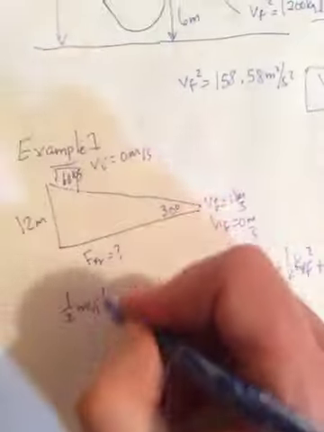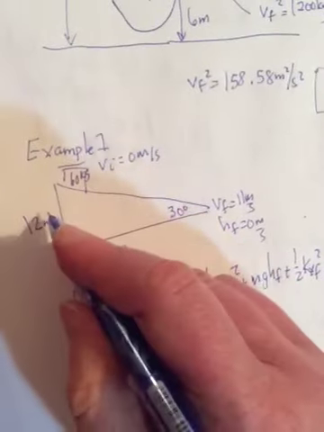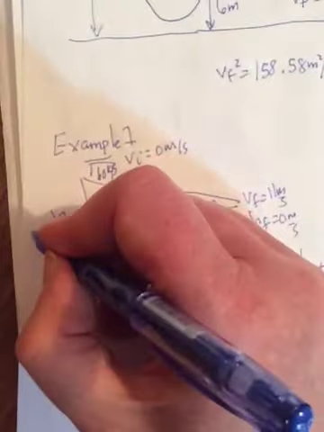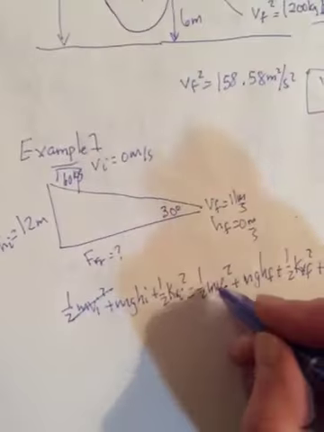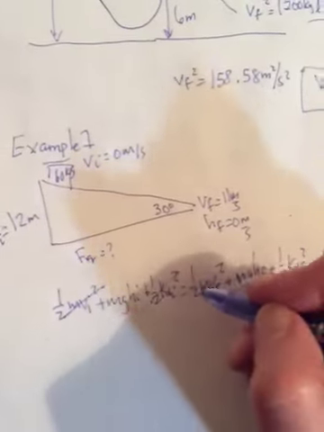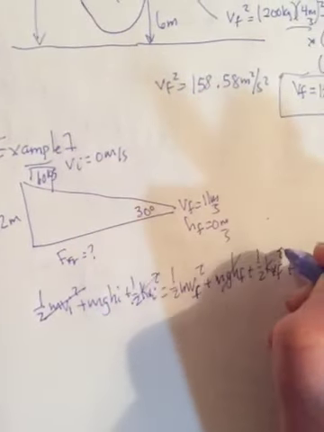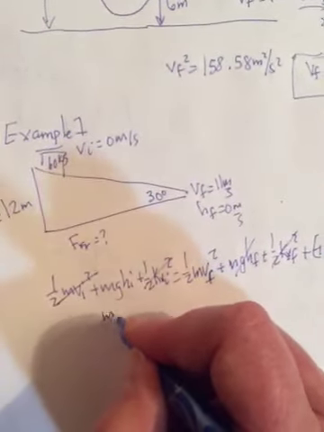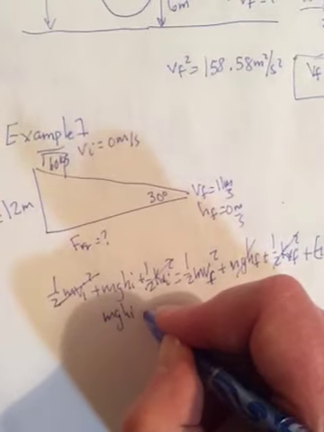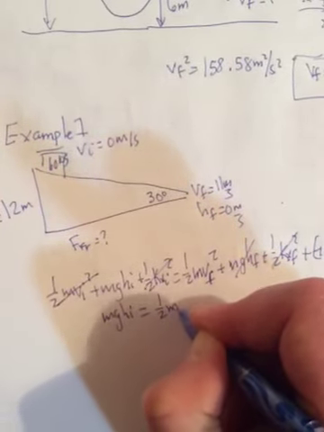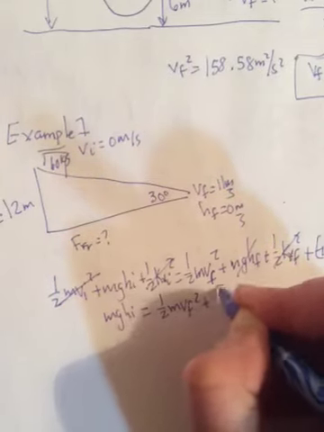So at the top of the slide, the kid's at rest, so that goes to 0, but has a height. That's what this 12 is, your HI. No spring, unless you want to back the kid up into a spring. But at the bottom, has a speed, no height, no spring, E lost. So we have mgh initial equals 1/2 mv final squared plus E lost.